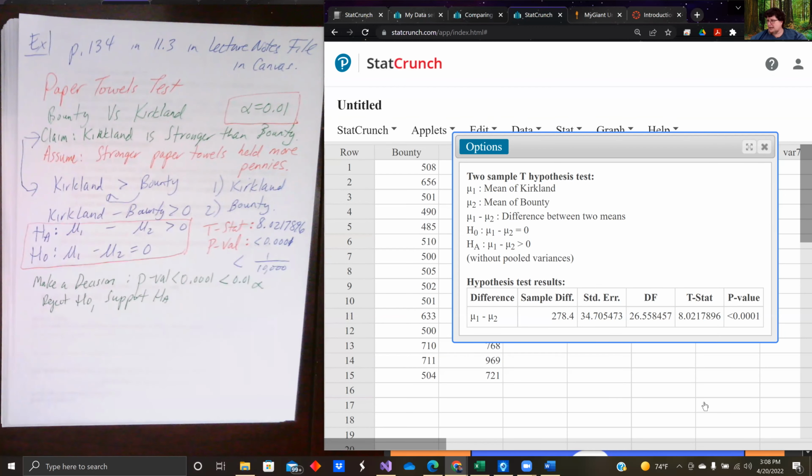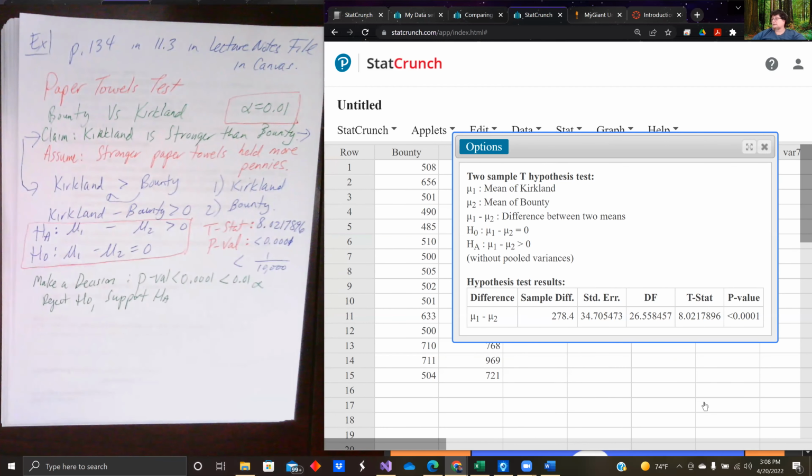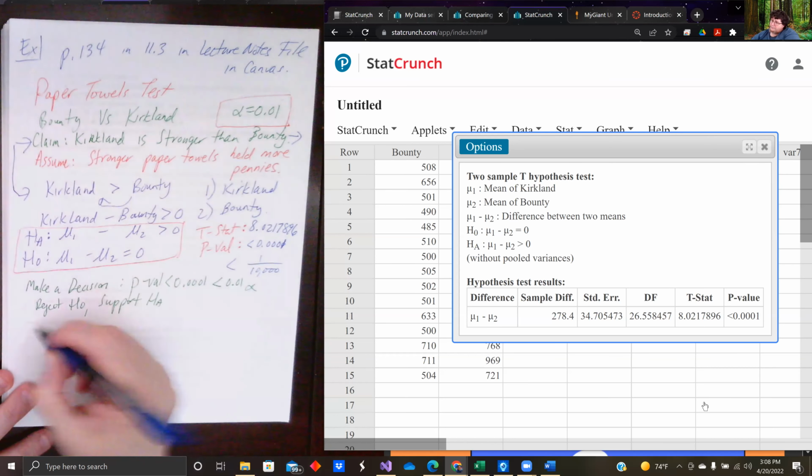HA was my claim. The claim was Kirkland is stronger than Bounty. So that's what we have evidence to support.